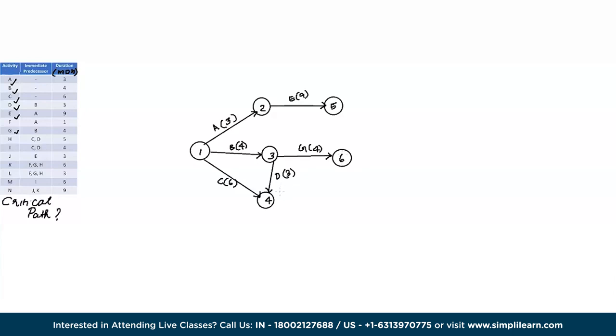So let's combine H and G. Which has a duration of 5. So let's now go back to F. Now F we can combine to node number 6 since we know that F, G, and H come together at some point. So let's combine F to this node.